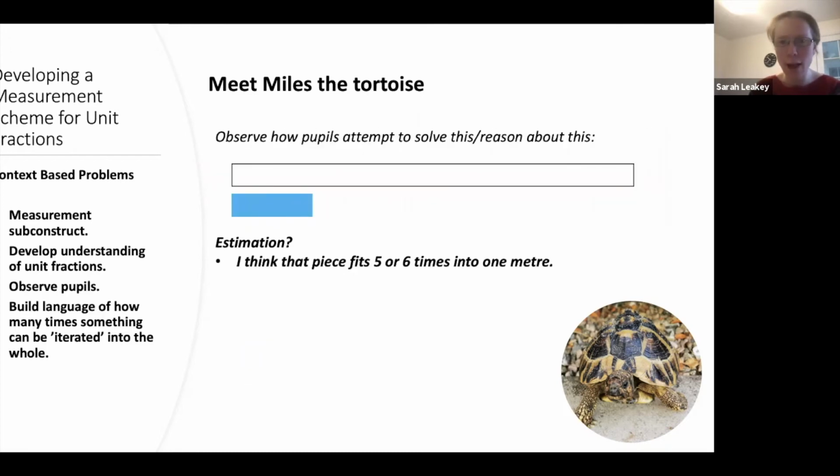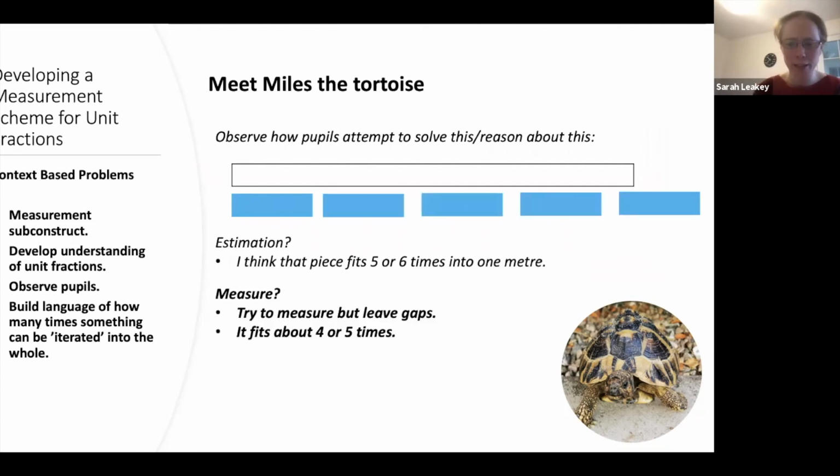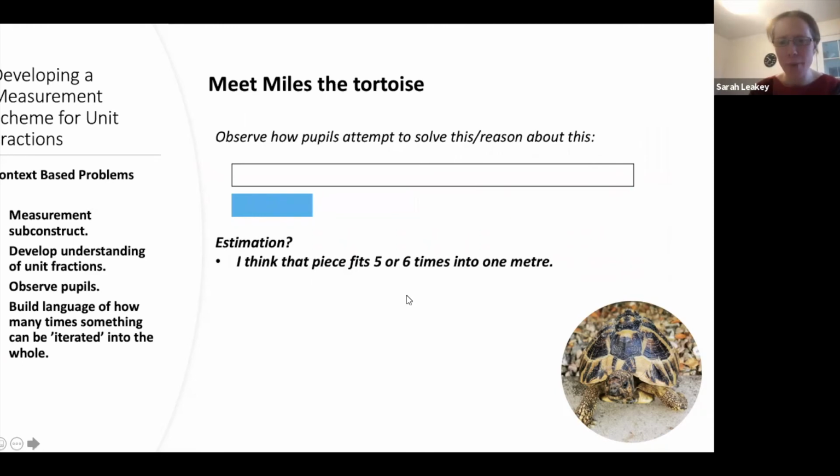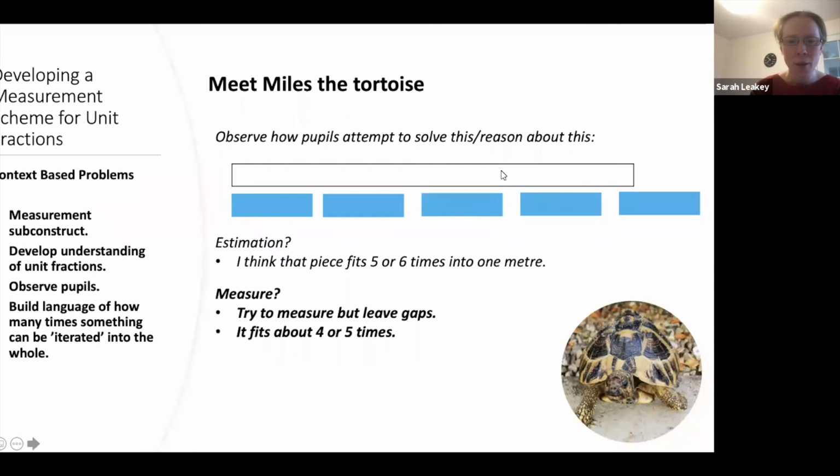So observe how pupils attempt to solve this and reason about this. Do they use estimation strategies? Well, I wonder how many times that fits into 1 meter, maybe 5 or 6 times. Maybe they start to think about a measurement strategy: can I measure this length using this, but they're maybe not doing it very accurately and leaving these gaps.